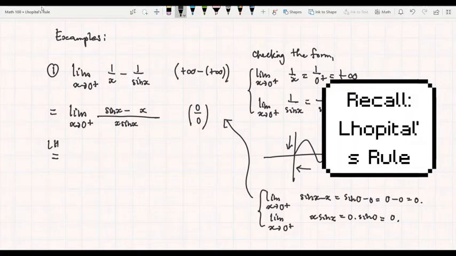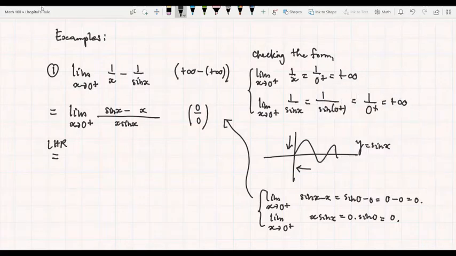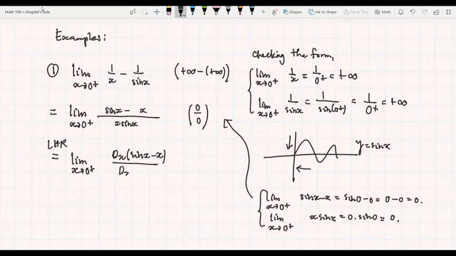So using L'Hopital's rule, again, recall that for L'Hopital's rule, this limit after L'Hopital's rule is nothing but the limit as x goes to 0 plus of the derivative of the numerator, so the derivative of sine x minus x, divided by the derivative of the denominator, which is x sine x.